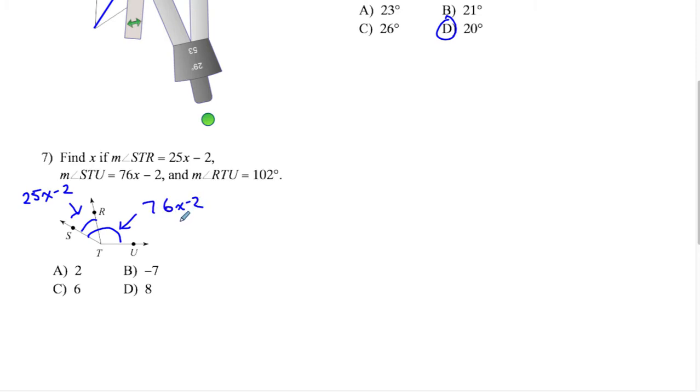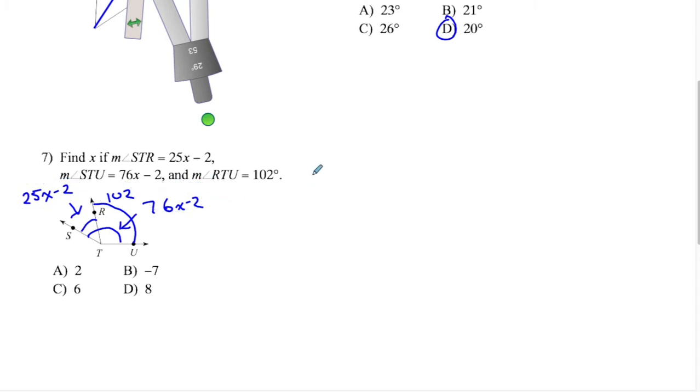It also tells us RTU, that angle right here, is 102. We need to find x. If I add 102 with 25x minus 2, it should add up to the full angle of 76x minus 2.